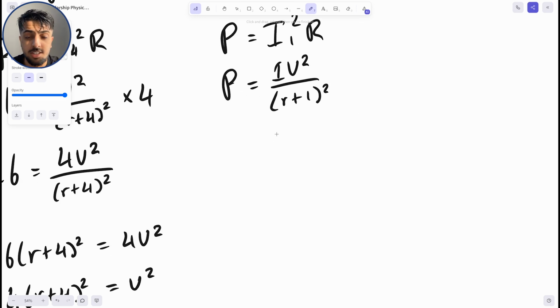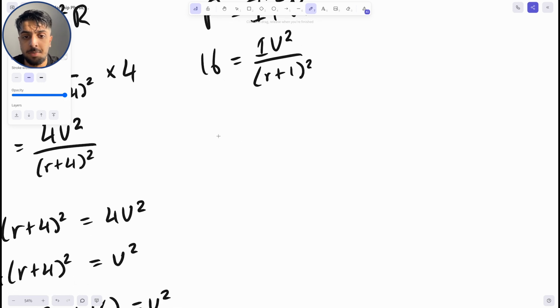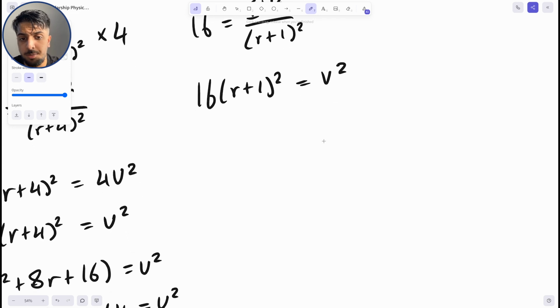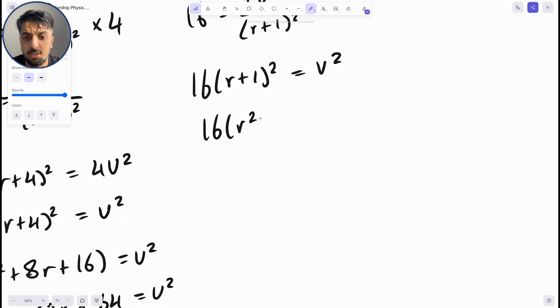Now doing the same for this, we know that this is equal to our 16 watts. And so 16 times R plus 1 squared is equal to our V squared. So 16 times R squared plus 2R plus 1 is equal to V squared.